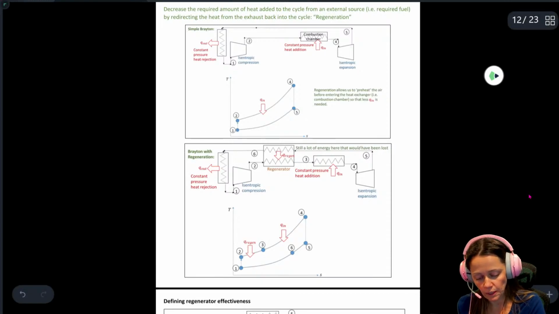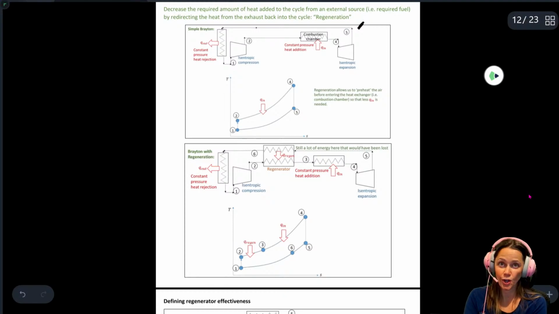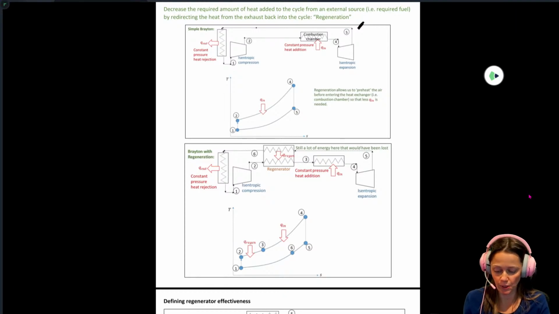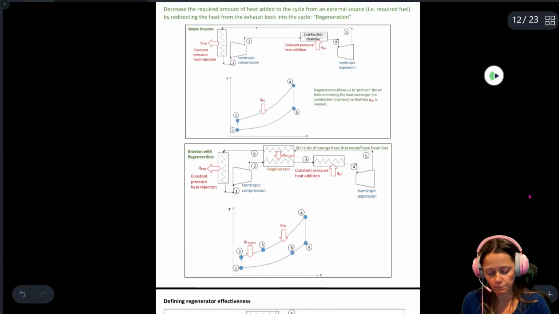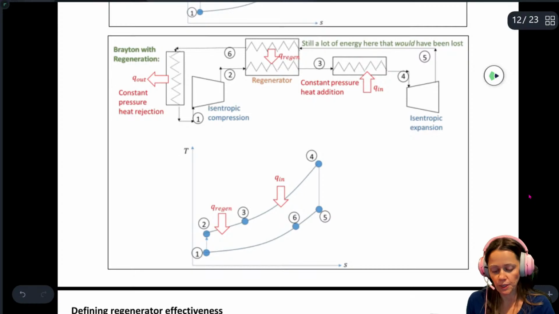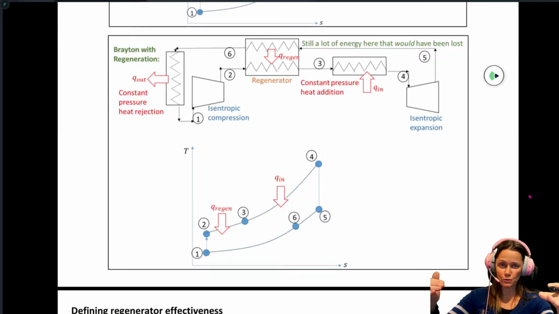So if I look up here, after that isentropic expansion process, that's where you'd have your heat loss. You model it as a constant pressure heat rejection process, but that's your exhaust process. And there's still a lot of energy that could have been extracted there. And so with the Brayton cycle with regeneration, what we've done is we've redirected some of that thermal energy back into the cycle.